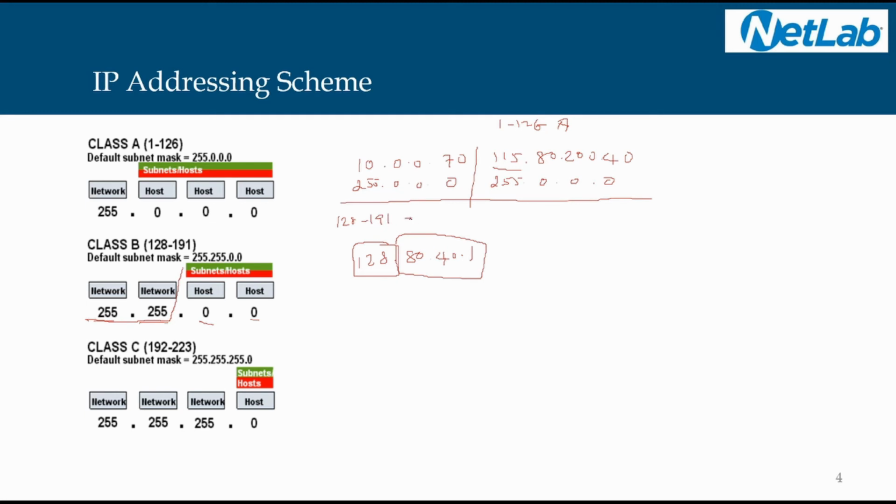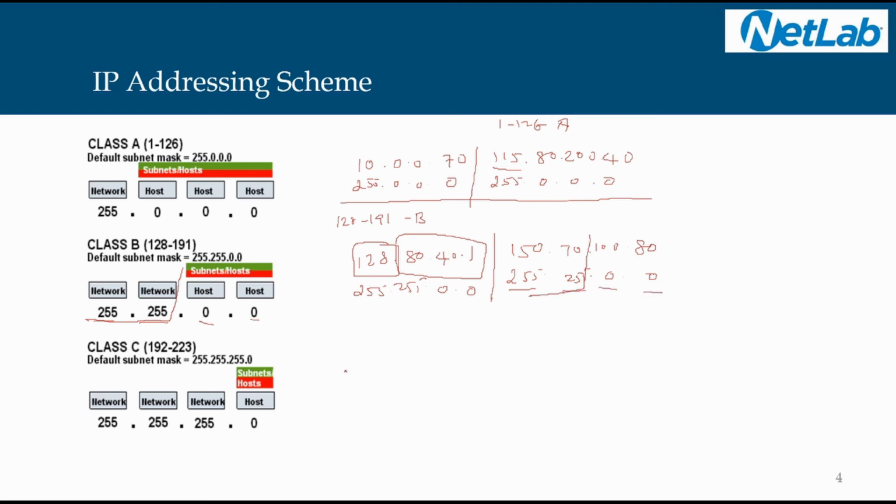Therefore, it is in class B. The default subnet mask is 255.255.0.0. Another example is 150.70.100.80, with mask 255.255.0.0. So in class B, 2 octets are reserved for the network. In this IP address, these are the network portion and these are the host portion.